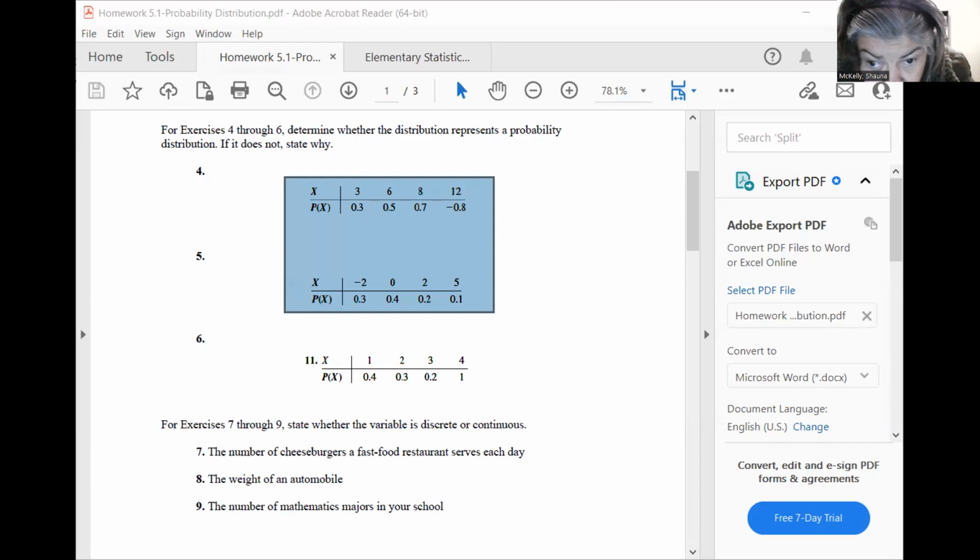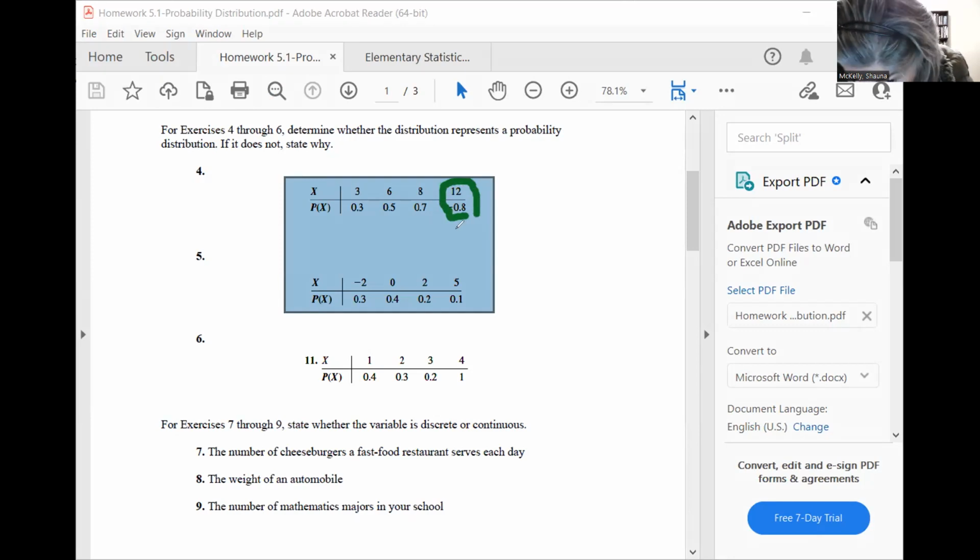Now, here, okay, we've got an issue here with this, because the probability is negative.